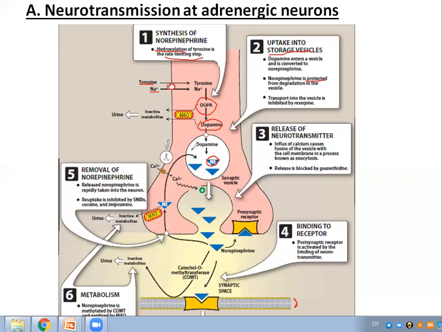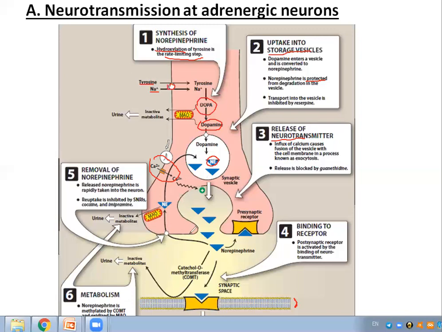And note that the vesicle containing the norepinephrine should then be transported to become close to the presynaptic membrane. The transport of the vesicle needs what we call an influx of calcium. So for the neurotransmitter to be released, it first requires the passage of this vesicle close to the presynaptic membrane.